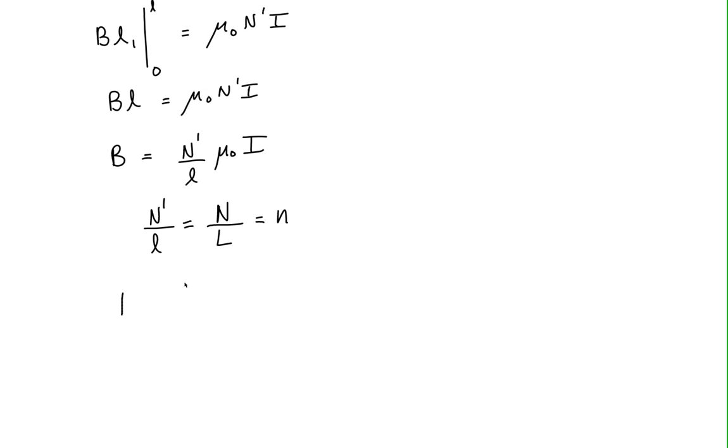So this means now that the magnetic field inside our ideal solenoid is equal to N over L mu naught I, which can also be expressed as n, lowercase n, for the loop density, mu naught I, where capital N is the number of loops of our solenoid, capital L is the length of our solenoid, and I is the current in our solenoid.